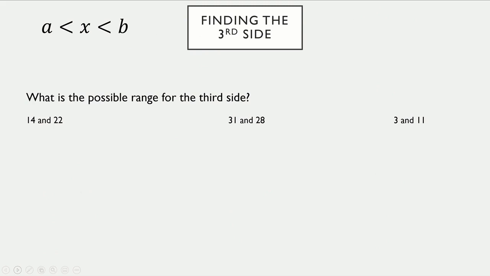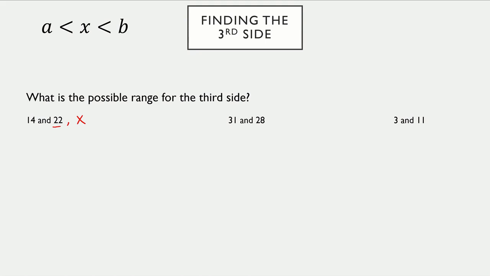So what are the possibilities? So let's say that we're given two sides of a triangle and they're asking us to find that third side, or the possible measurement of that third side. Well, there's a couple possibilities, right? So let's just say our third number here is going to be x, right? So there's two scenarios. One where, let's say 22 is my largest side.